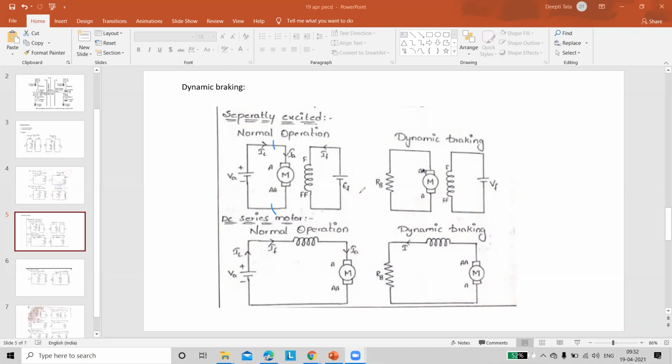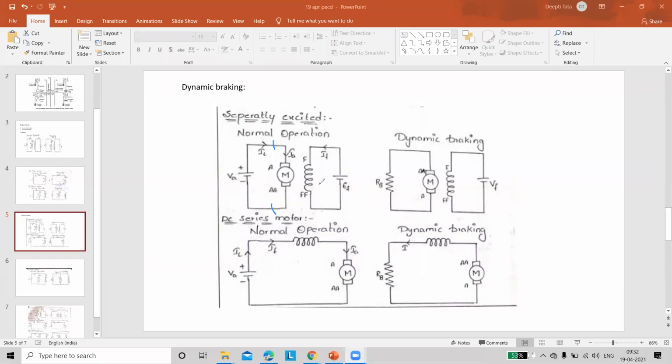At this instant, the motor will not rotate. Listen carefully. Whenever the back EMF direction and the armature voltage direction are the same, the motor will not rotate. Whenever the motor is rotating, these two voltages exist in opposite directions.